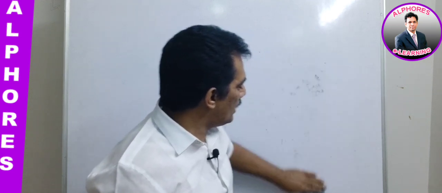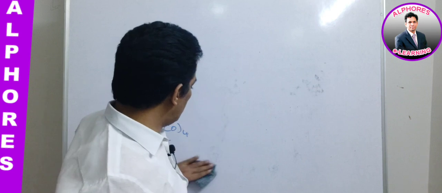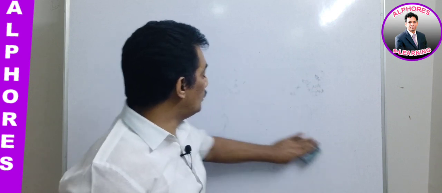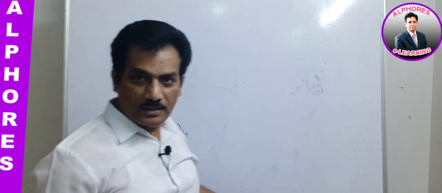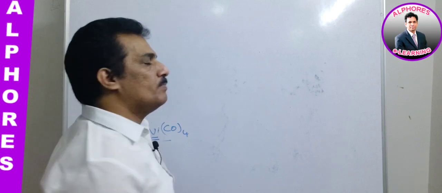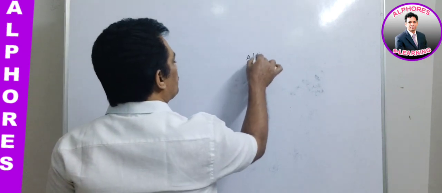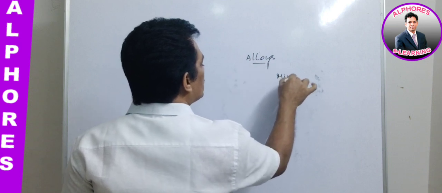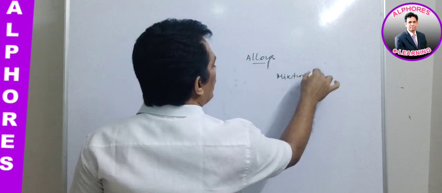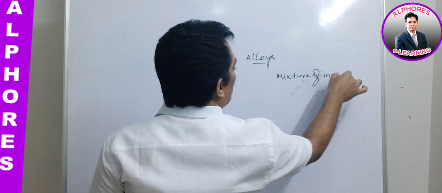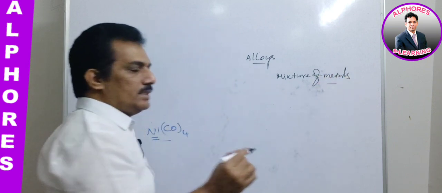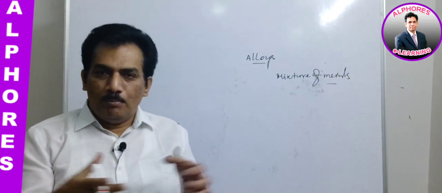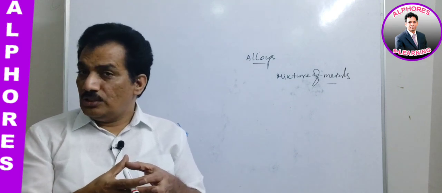Let me give one more example for this 0 oxidation state. In alloys, I think you know what alloys are. Dear students, what are alloys? Alloys are nothing but a mixture of metals. In metal alloys, the metal atoms are just mixed.